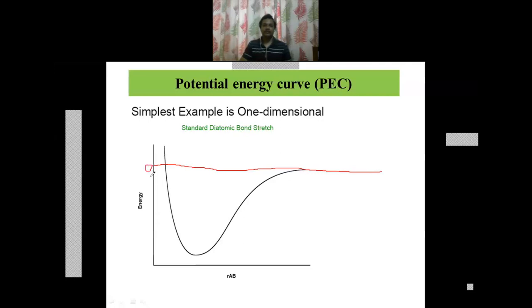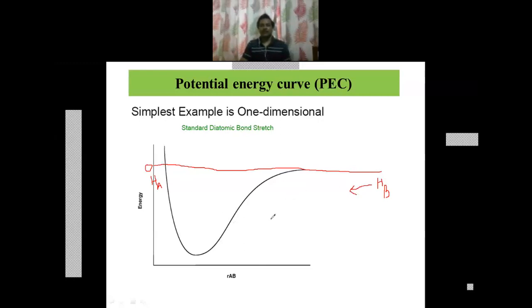The way I had shown it is one hydrogen atom here, let's say Ha, and Hb is coming towards Ha in this direction, and then what is the potential they are going to feel?